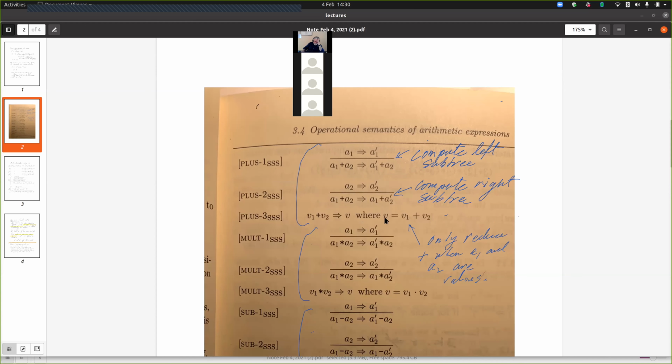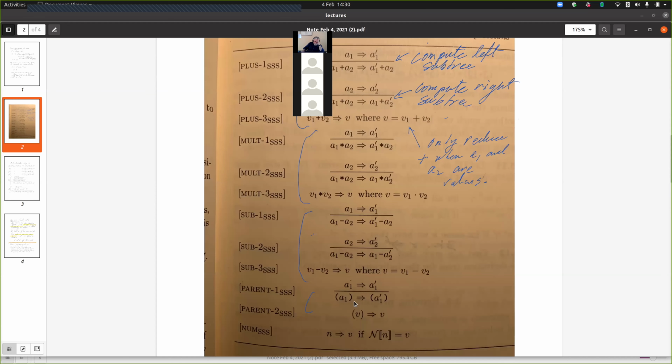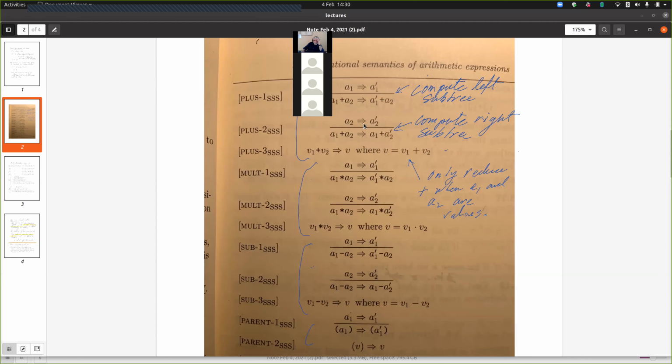You have the same thing for times, and the same thing for minus. The final case in all of these is, once I have something of the form value plus value, only then reduce the actual plus, when A1 and A2 are actual values.